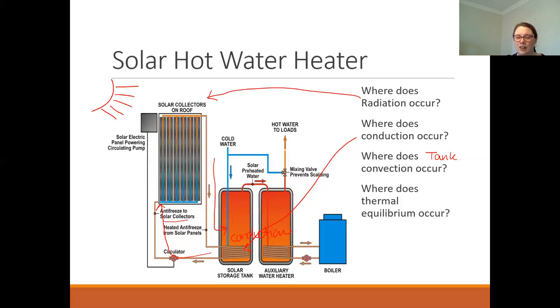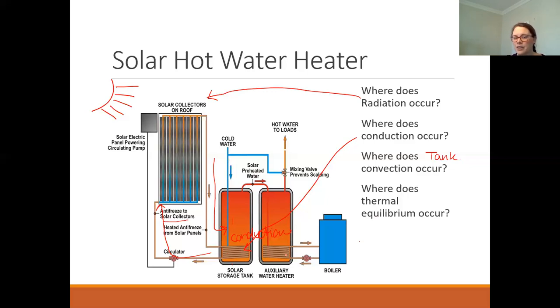Now you'll see that here we're connected to a boiler. The solar roof collector is being used to boost the energy that the boiler provides. It lets the boiler work less hard, so less oil is consumed, because the water is coming in preheated.